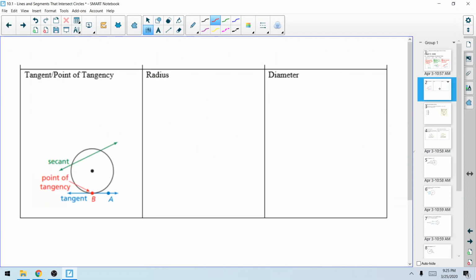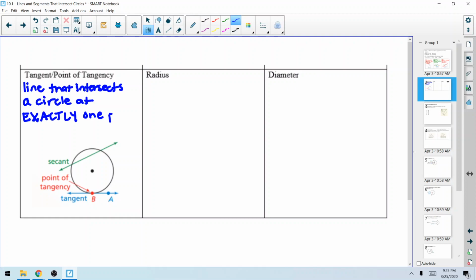Next one, a tangent or a point of tangency. So a tangent is a line that intersects a circle at exactly 1 point.